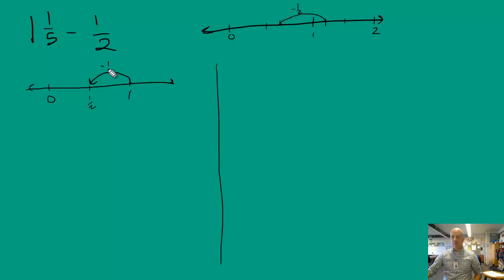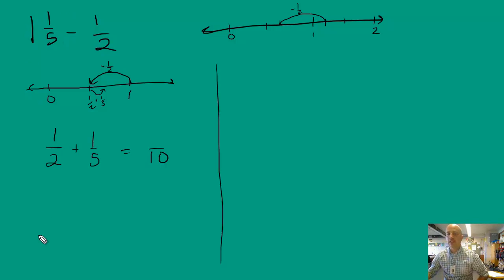So I subtracted my half, and I still have my 1/5. So I would have to add back my 1/5, and ultimately I will be doing 1/2 plus 1/5, which I would need to turn into tenths, and I would get my answer.